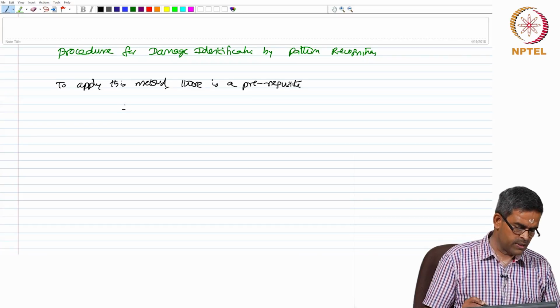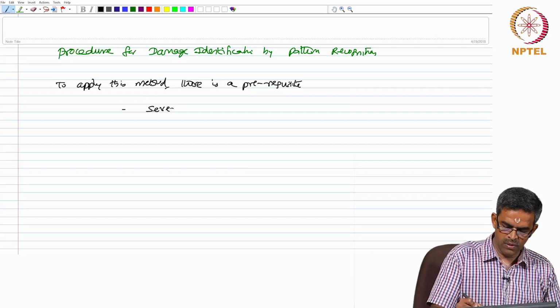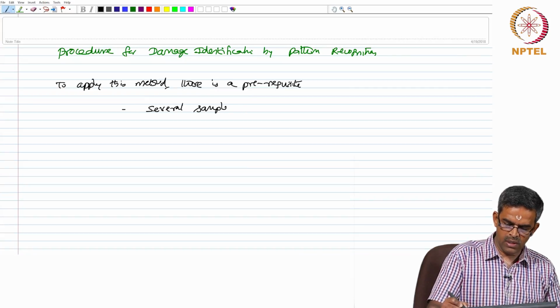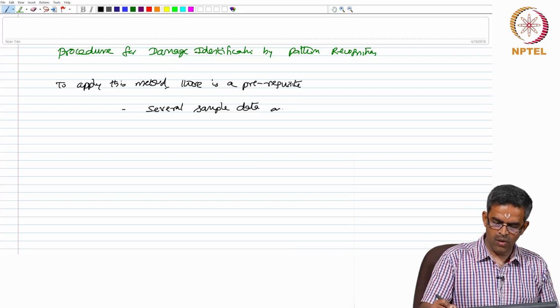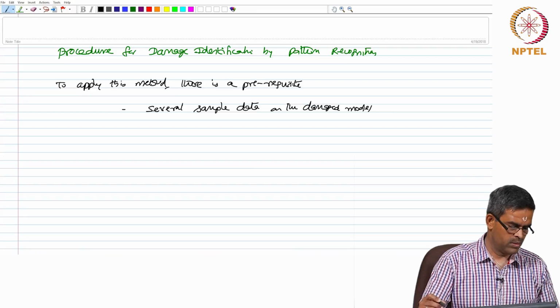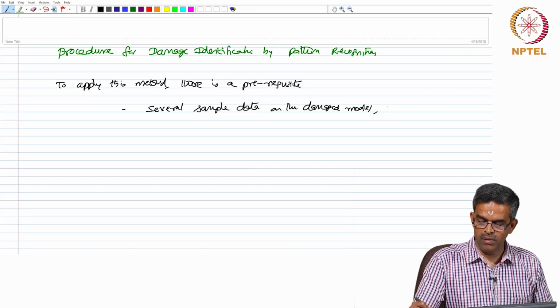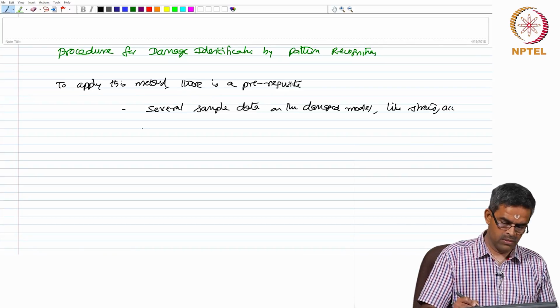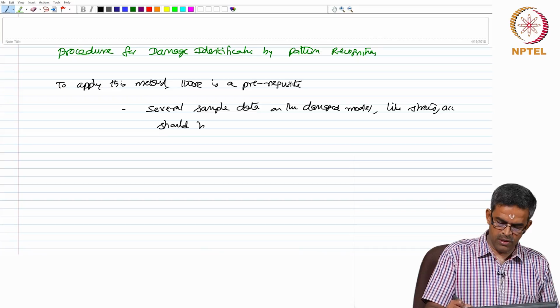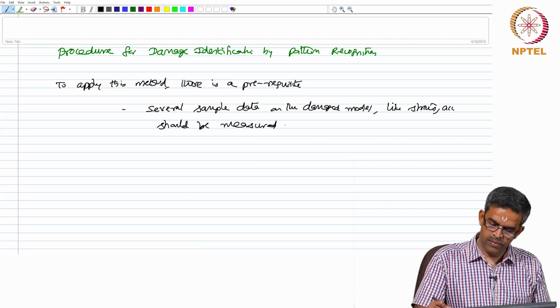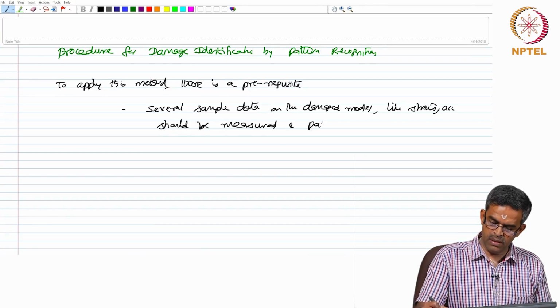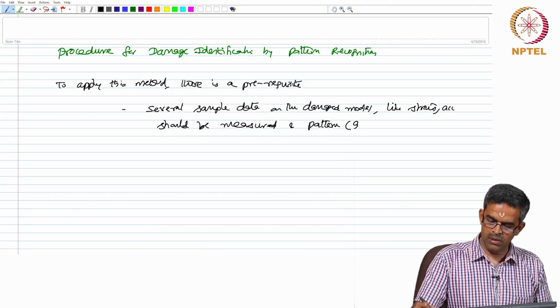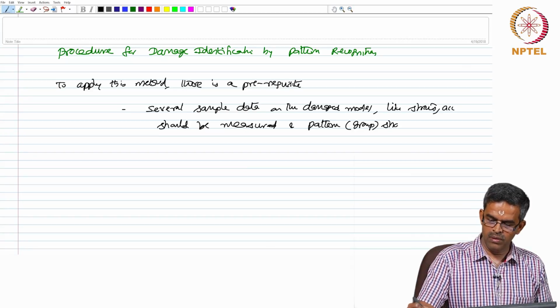The prerequisite is that several sample data on the damaged model, like strain, acceleration, should be measured, and a pattern, or let us say a group, should be formed.